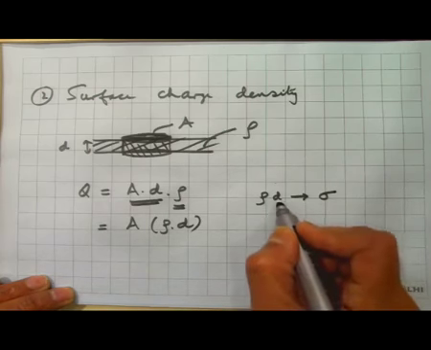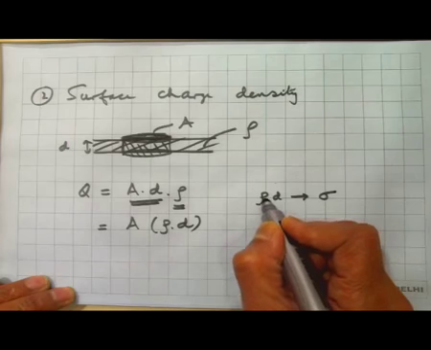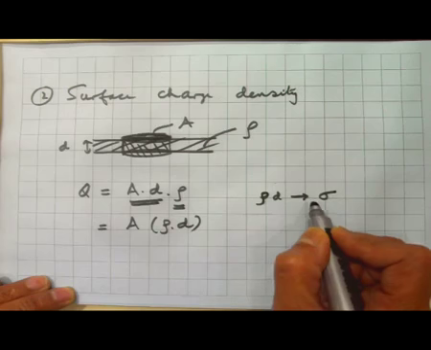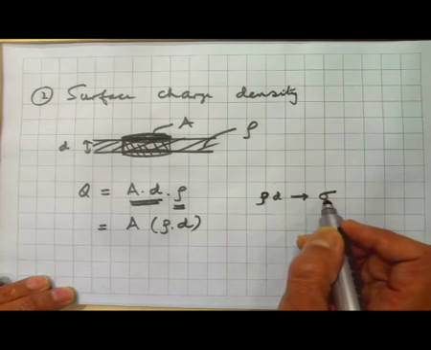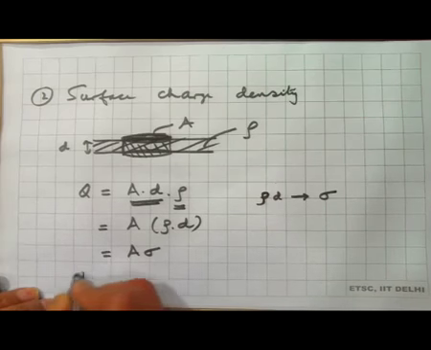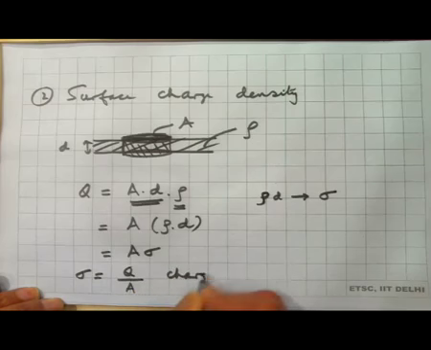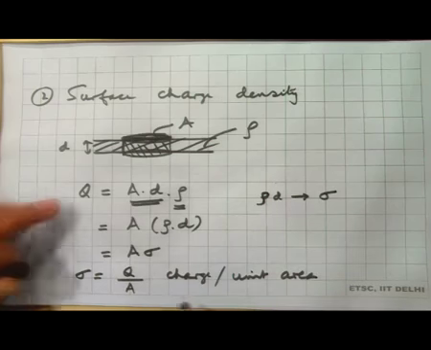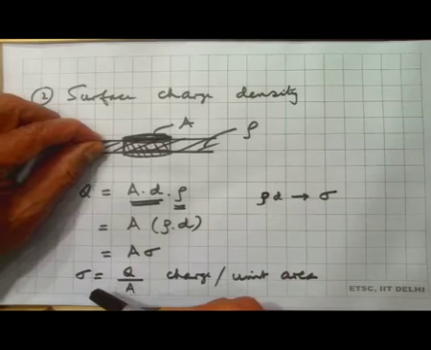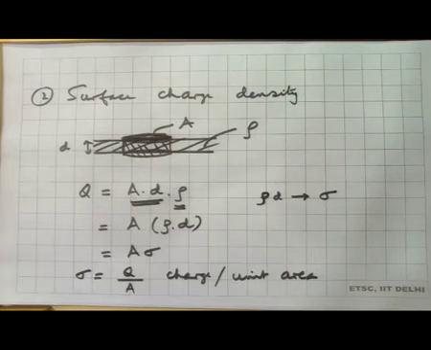I am letting the thickness go to 0, simultaneously letting the charge density go to infinity, so that the product of charge density into thickness becomes a constant sigma, and so this becomes A times sigma. So, I will have sigma is equal to q by A, which is charge per unit area. Remember, q was the charge within this volume. As I let my thickness go to 0, the charge is in that area, and so I define the charge per unit area as sigma.